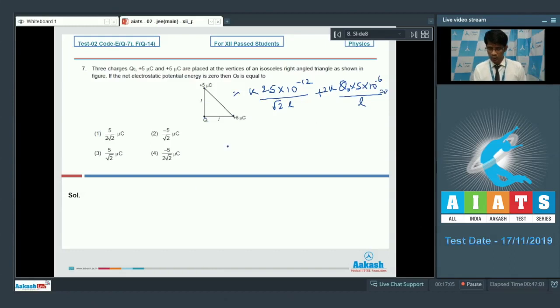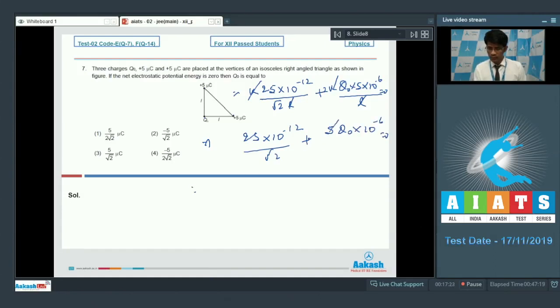It must come out to be 0. Just k will cancel out, L will cancel out. Here we remain with 25 into 10 power minus 12 divided by root 2 plus 5 Q0 into 10 power minus 6 is equal to 0.